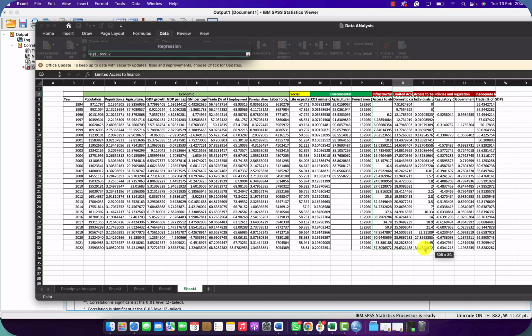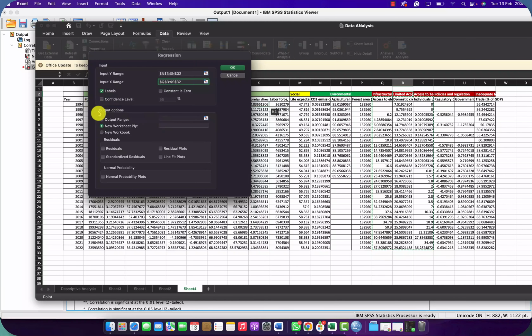Your equation for regression is Y equals a1x1 plus a2x2, where a and b are the coefficients of the X terms. Your x1 in this case is access to electricity, your x2 is your domestic credit, your x3 is your individual. Don't worry, I will take time to explain. These are just simple statistics that I expect you should have known. Voila. So that is that one on the X. Let's say our output will be on the new range, on the new book regression.